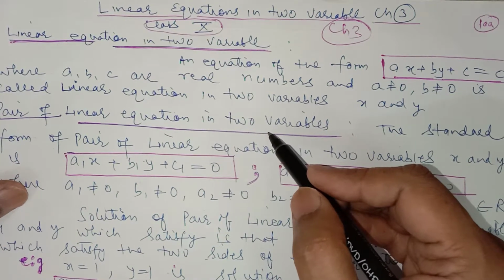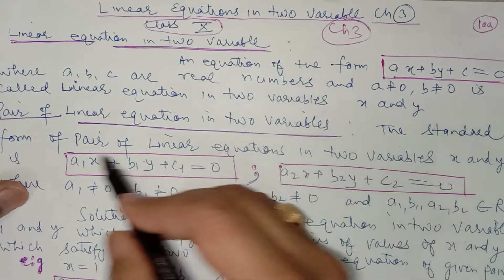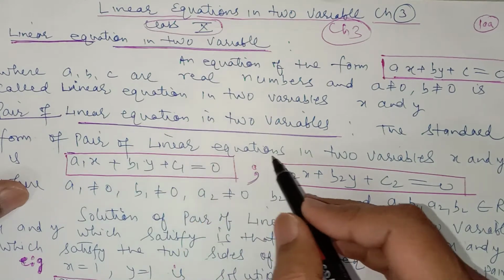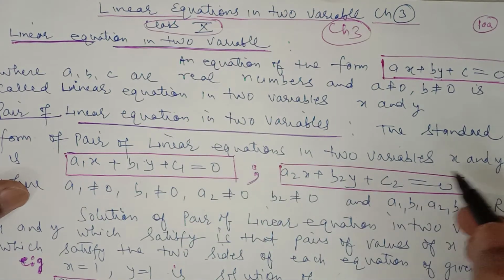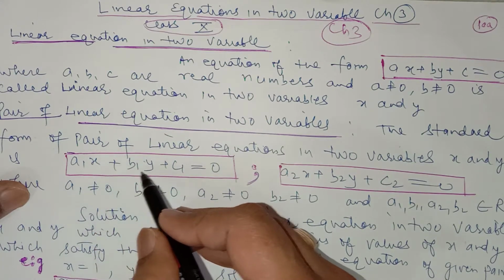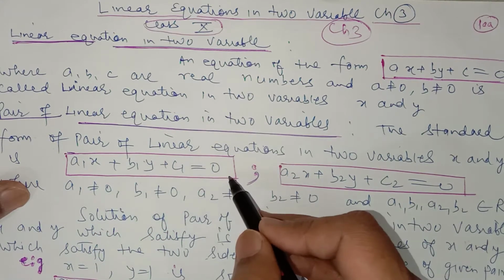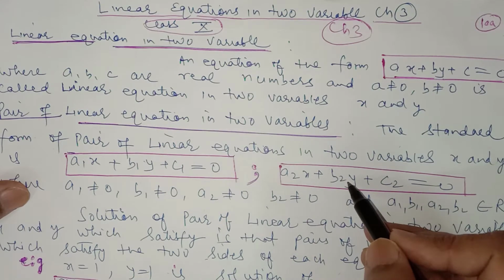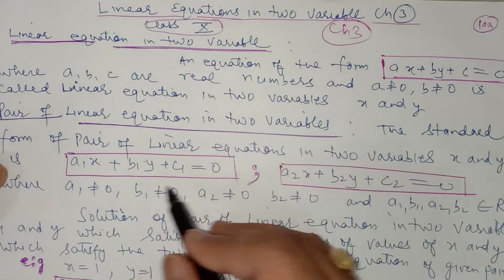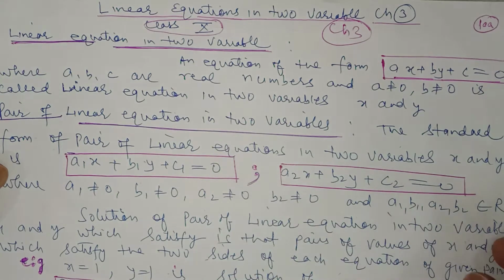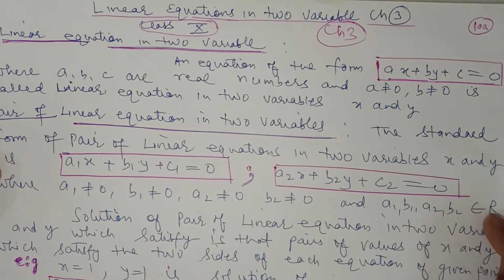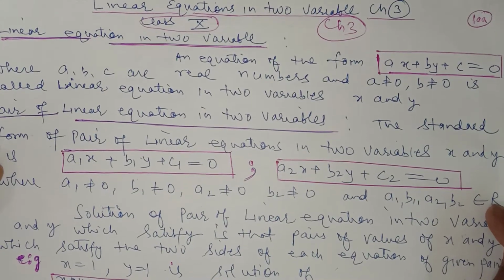The standard form of the pair of linear equations in two variables x and y is a1x plus b1y plus c1 equal to 0 and a2x plus b2y plus c2 equal to 0, where a1, a2, b1, b2, c1, c2 are all real numbers.